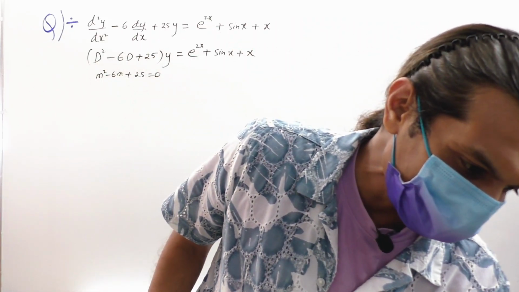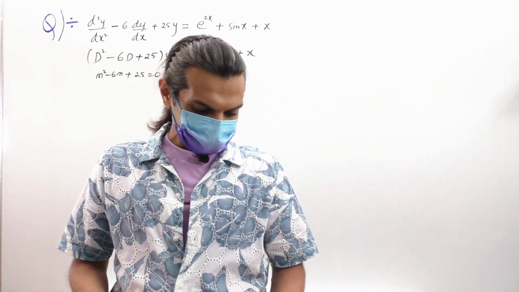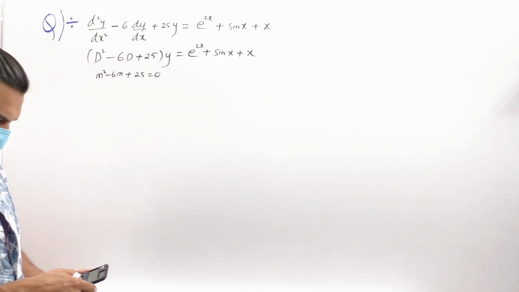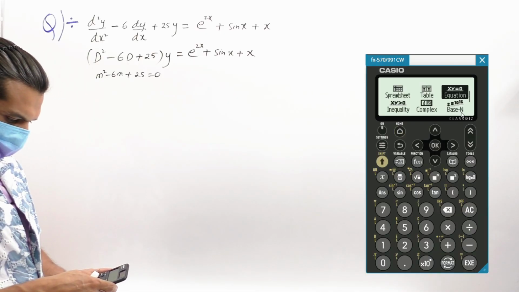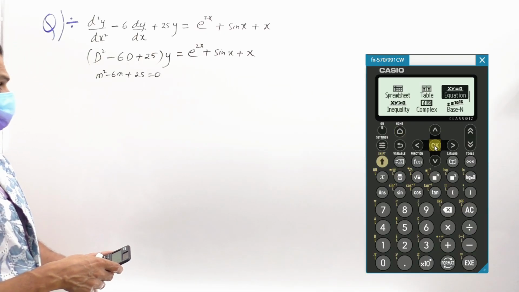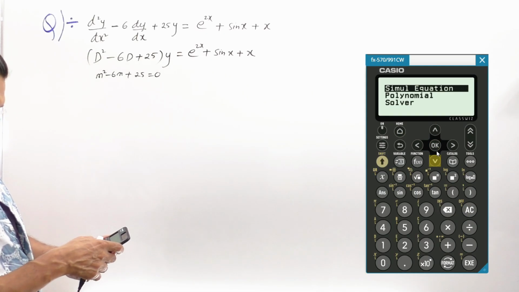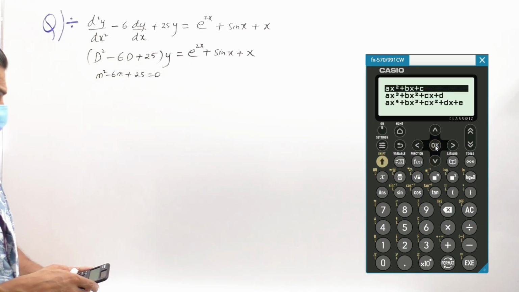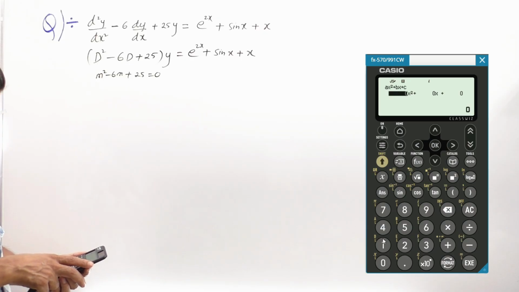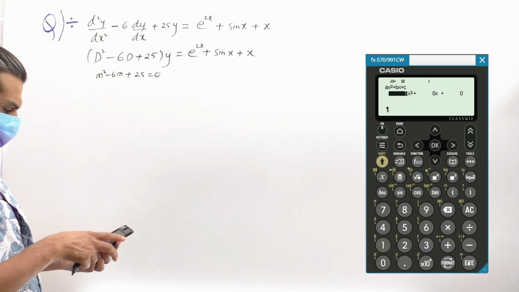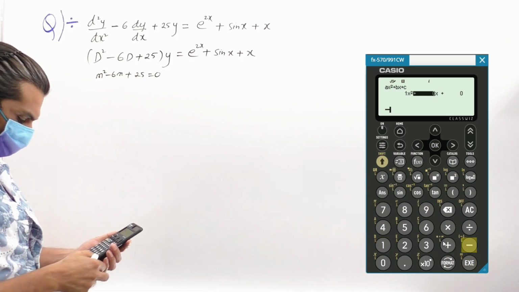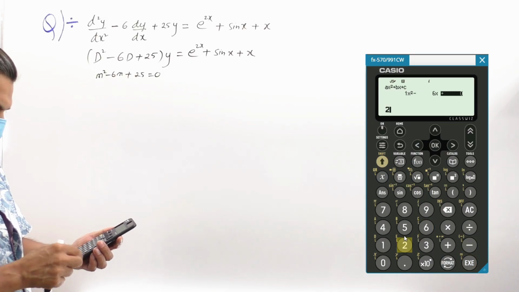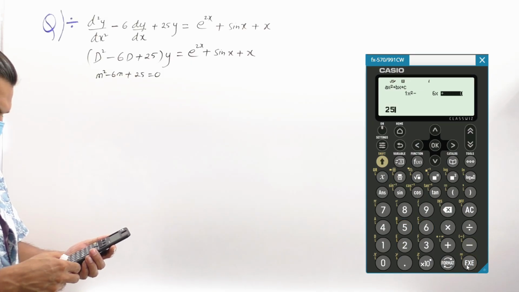For that, I will use the calculator. So, I am using here fx 991 CW. Let us find here, we go to on, home, then we go to the equations, and since we are finding the polynomial ax square plus bx plus c equal to 0, we have the coefficients 1, minus 6 and 25. 1 execute, minus 6 execute and 25.